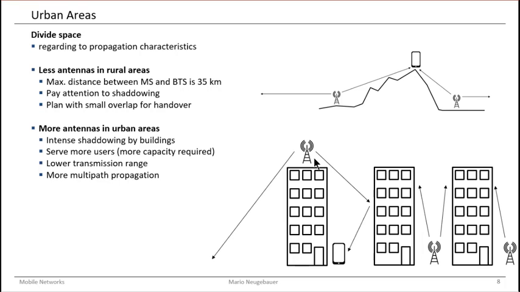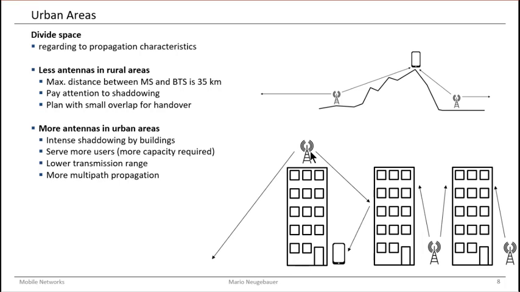So if you look at the example here, we have the antenna on the roof of the building, and it is possible to cover a certain area starting from this roof, maybe also some more area if we have some flat area here on the left.